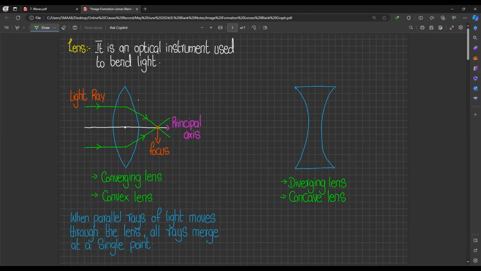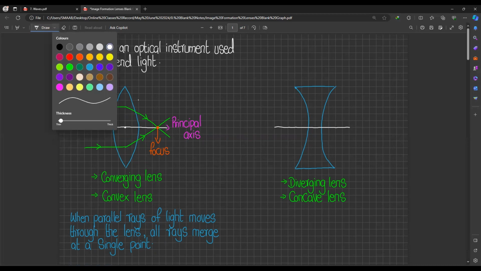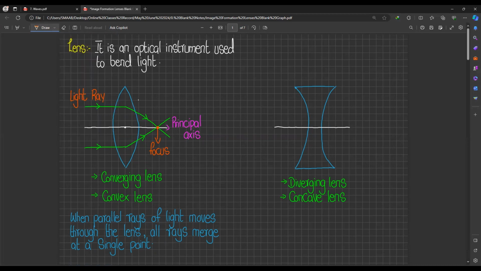And when light rays move through this diverging lens, why it is called diverging, we will observe through the ray diagram. When light rays move through this lens, they will move in a direction away from each other, like this.